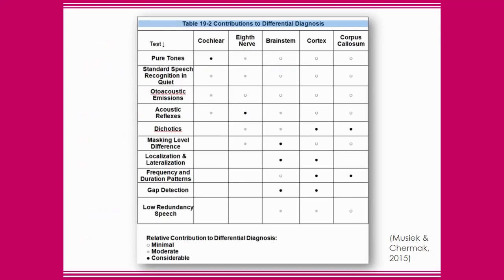Here you see a table reproduced from a chapter we wrote in 2015. The reference is in your reference list, in which we identified the different tests that would contribute information to differential diagnosis, with particular reference to a level of the central auditory nervous system or the peripheral auditory nervous system.